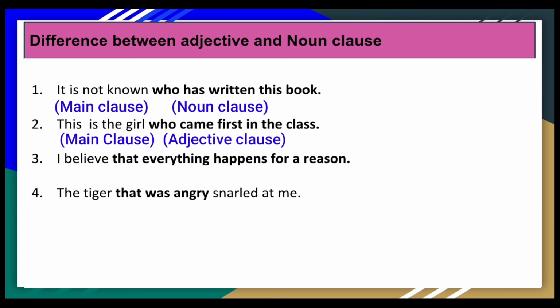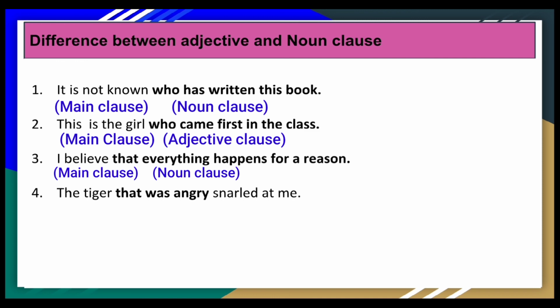Let's see the third number sentence. I believe that everything happens for a reason. What I believe? I am getting the answer that everything happens for a reason. So which clause? Definitely it's your noun clause. And last sentence, the tiger that was angry snarled at me.